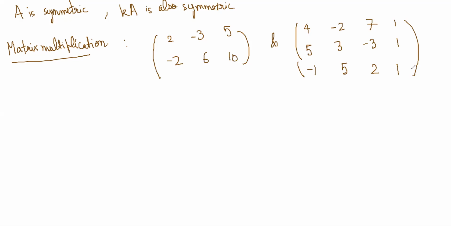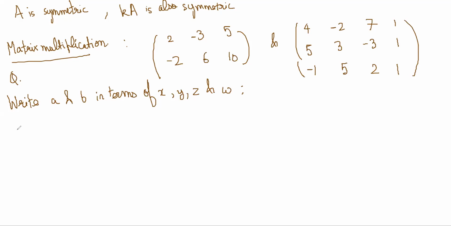One second. So the question is basically this. Write A and B in terms of x, y, z, and w, where you are given these relations. A is equal to 2m minus 3n plus 5p.